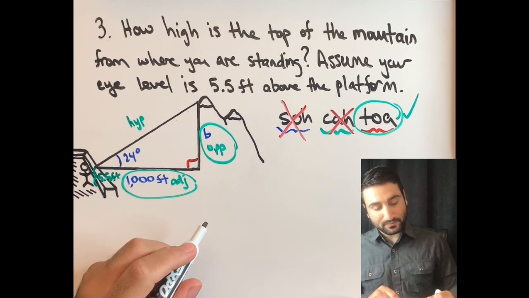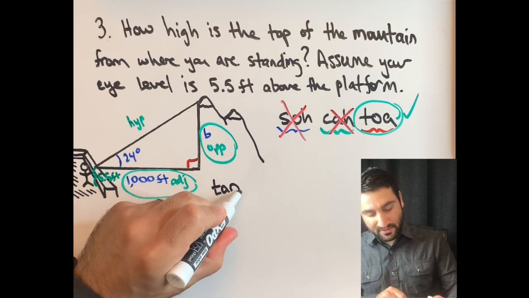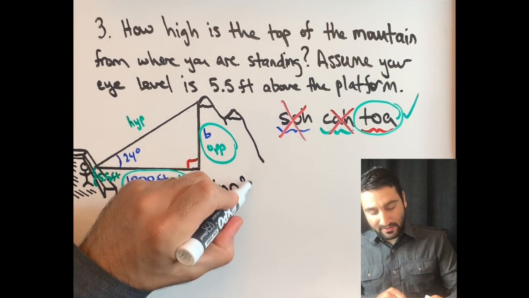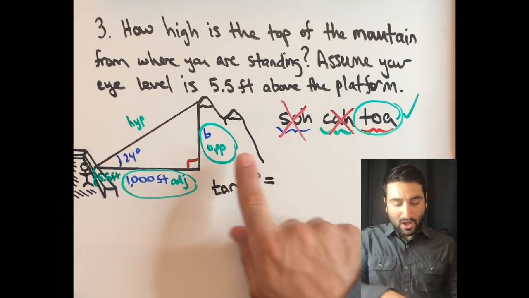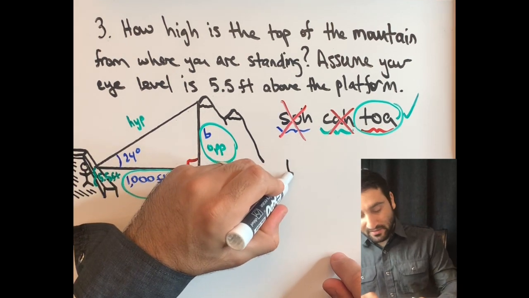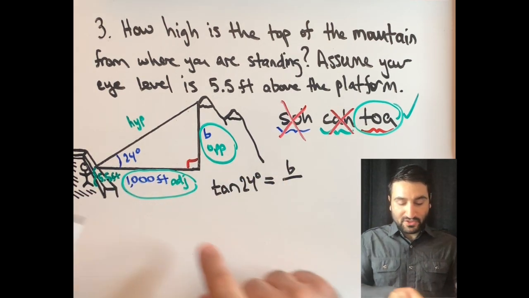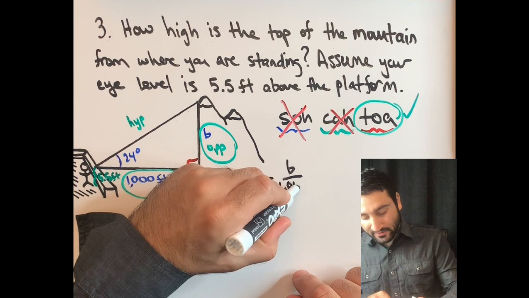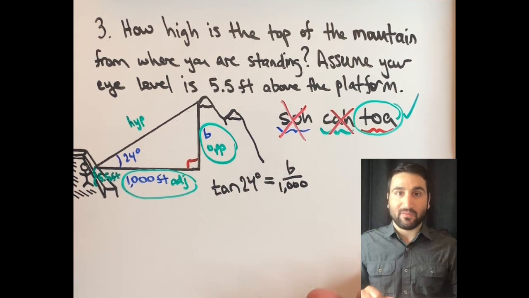This is what it will look like. Tangent of the angle that we're analyzing is equal to opposite, which is length B, over adjacent, which is 1,000. We can leave the units out for now. At the end, we'll just make them feet.